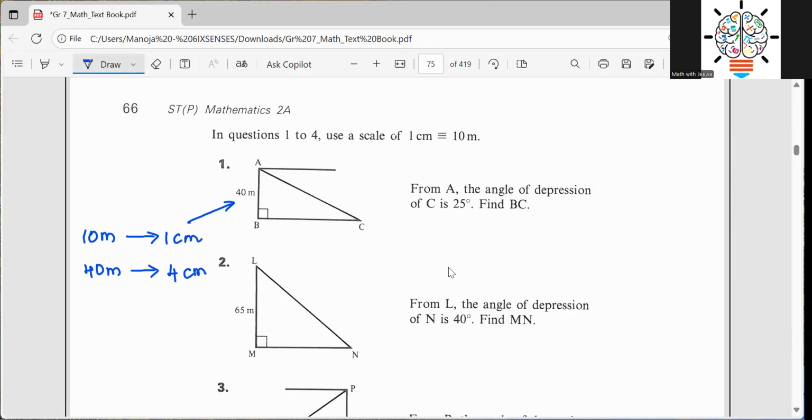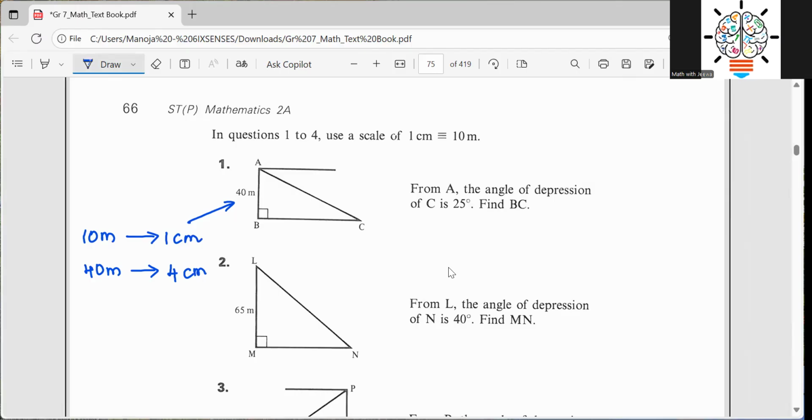So that calculation is very important before going for the construction or the scale drawing, right? You should understand the scale first. They have asked us to represent 10 meters with 1 centimeter. If it is 40 meters, it should be 4 centimeters, right?